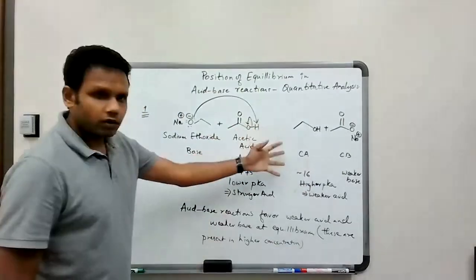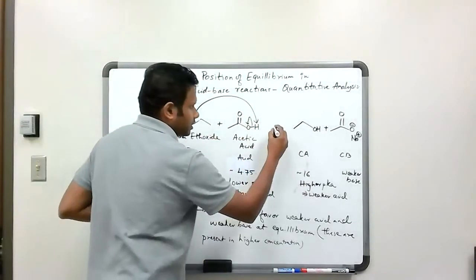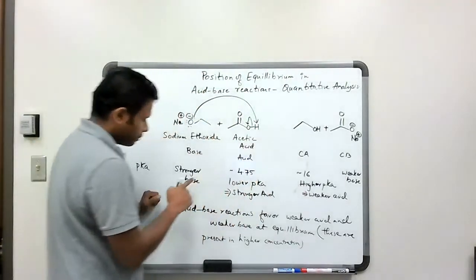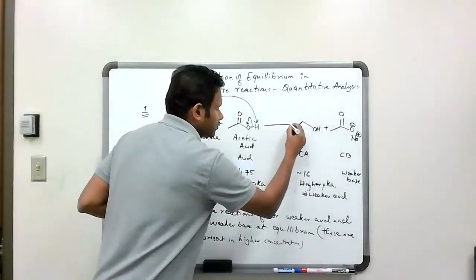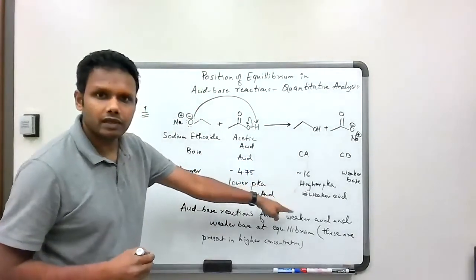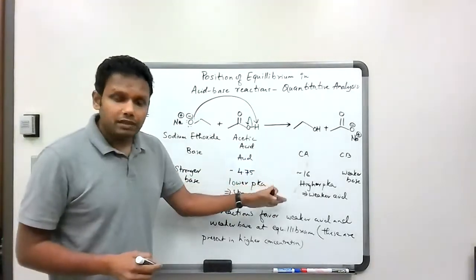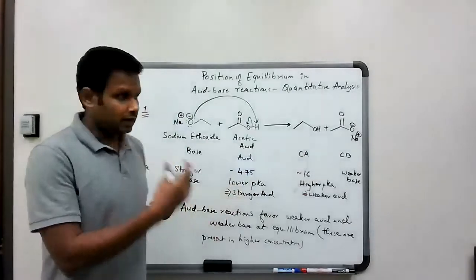So if there's more of those, that means the reaction is actually favored in that direction. So for this particular acid-base reaction, based on pKa values, what we can say is the reaction is favored in the forward direction, because that's where the weaker acid and the weaker base are. And no, sorry, this does not mean that the reaction does not happen in the backward direction. It's just less favored.